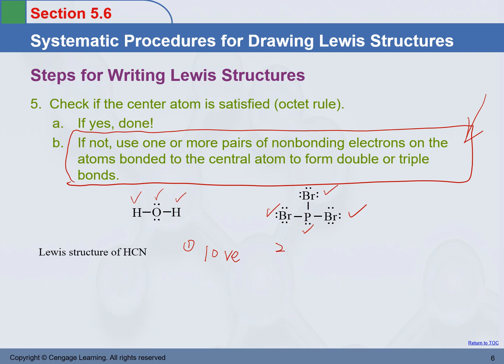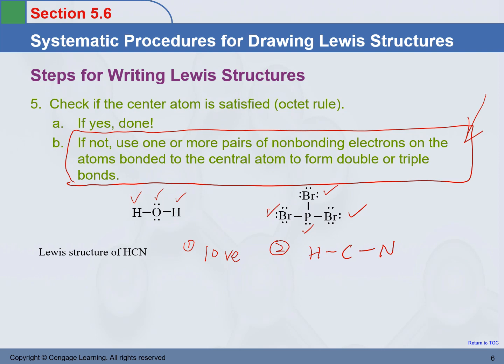Number 2, lay them out in the way they're connected, with single bonds. The center atom is carbon, so let's put carbon in the center and connect them with a single bond. That's the end of step number 2.